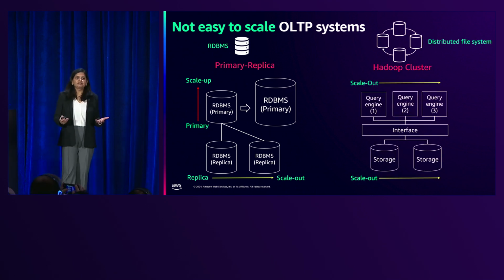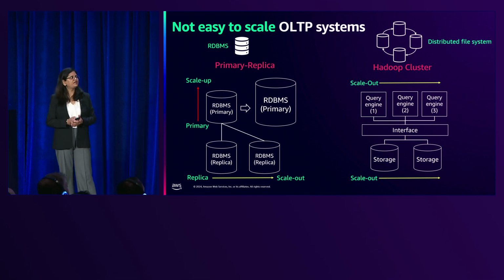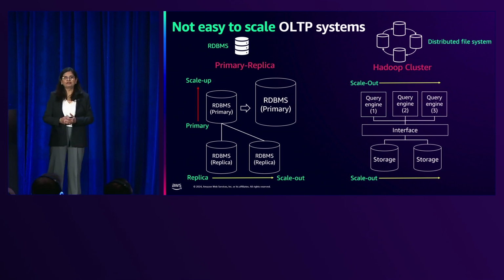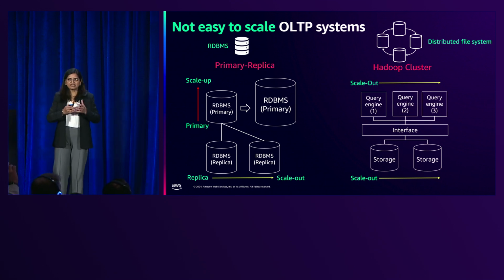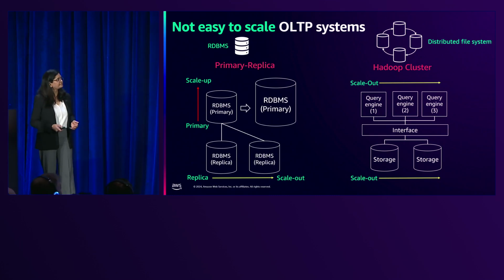Hadoop emerged as a solution to this limitation, where it allowed you to scale elastically and also provided a distributed file system, which enabled you to scale your compute and storage independently of each other.